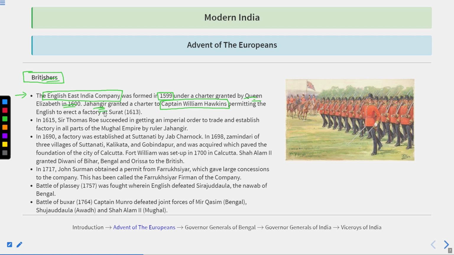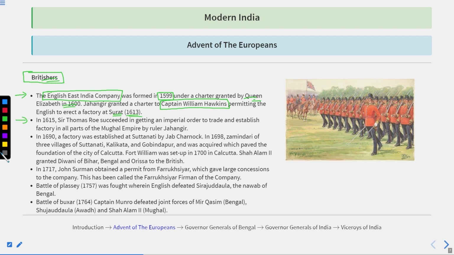So Jahangir asked Captain William Hawkins and the Britishers to remove the Portuguese from Surat, and then he would allow them to establish their factory at Surat. The Britishers somehow managed to move the Portuguese out from that place, and they established their own factory at Surat in 1630.